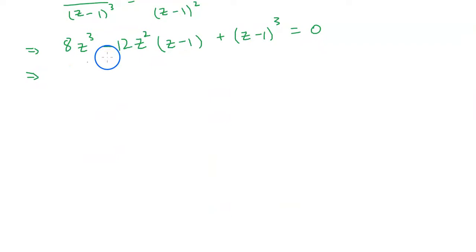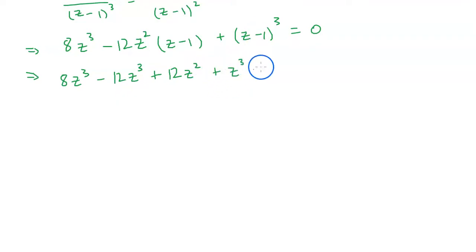And then from there, we got 8z cubed minus 12z cubed plus 12z squared, and then just expand that out, z cubed minus 3z squared, and then plus 3z, and then minus 1.